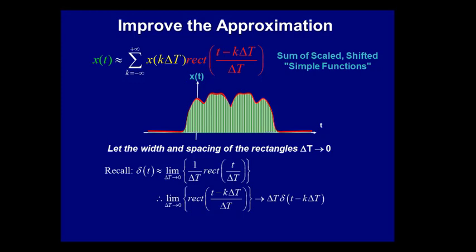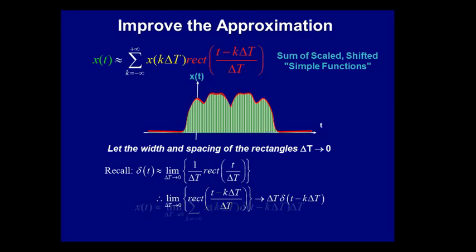But since the delta has a 1 over delta t in front, I need to put that back here. So I just basically took this equation, multiplied it by delta t, and got this one. And if I shift the rectangle, then the delta also shifted to the same center position.